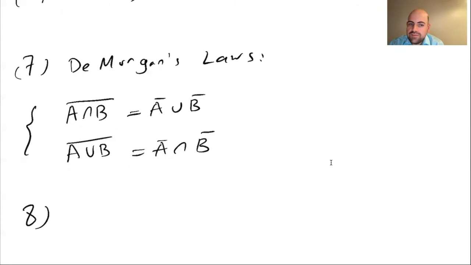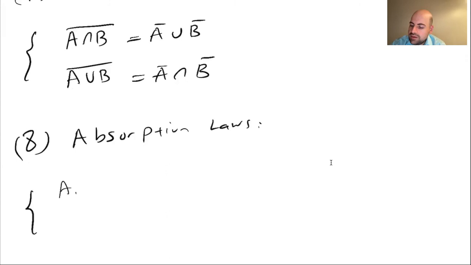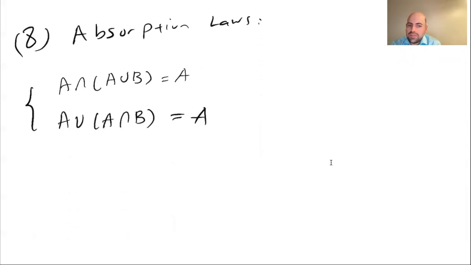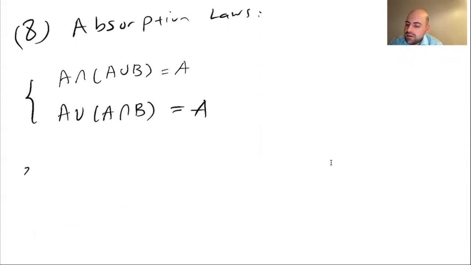And you also have absorption laws, which says A intersection A union B is A, A union A intersection B is A. And complement laws.